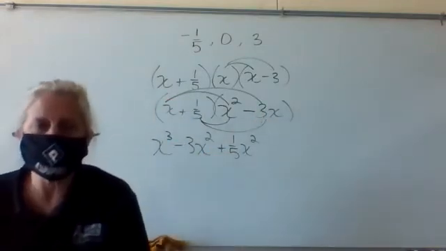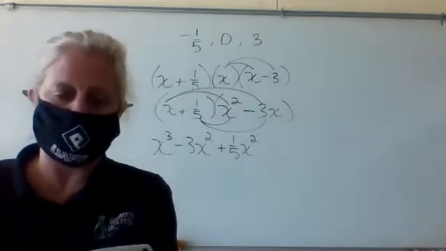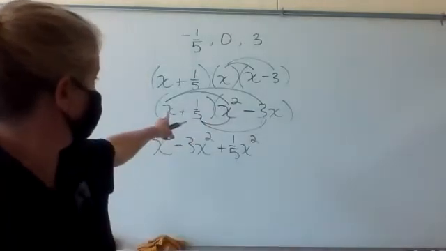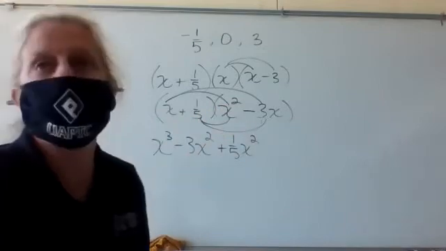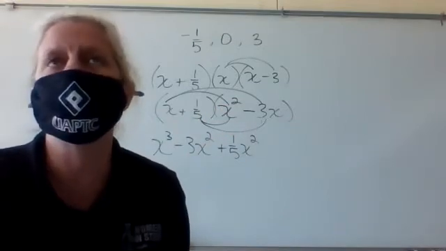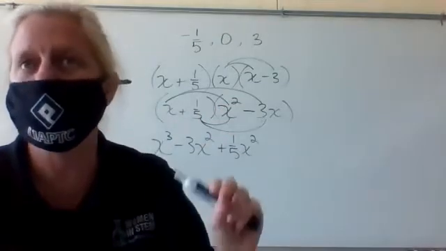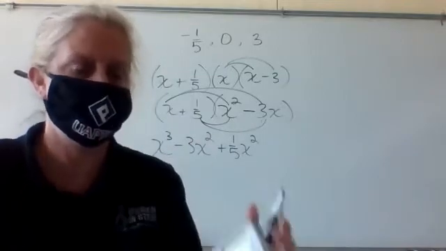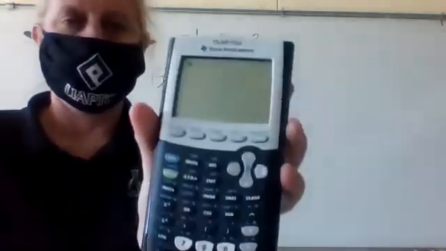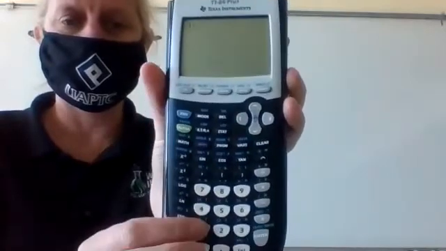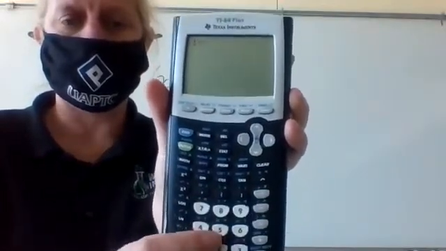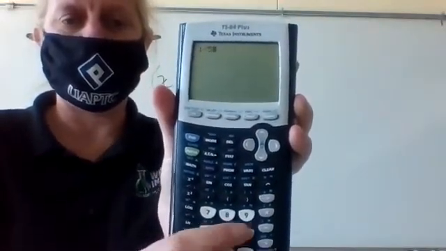-3/5x. If you didn't want to think about that and you just wanted to type it in, what do you need to know? I need to know what 1/5 times -3 is, right? We'll just tell your calculator that. 1/5 would be 1 divided by 5. Now I need to multiply that.